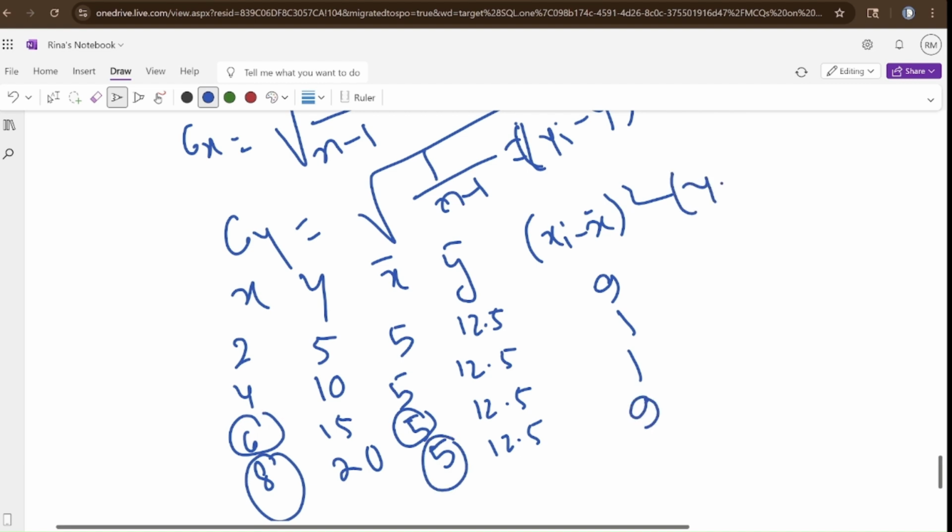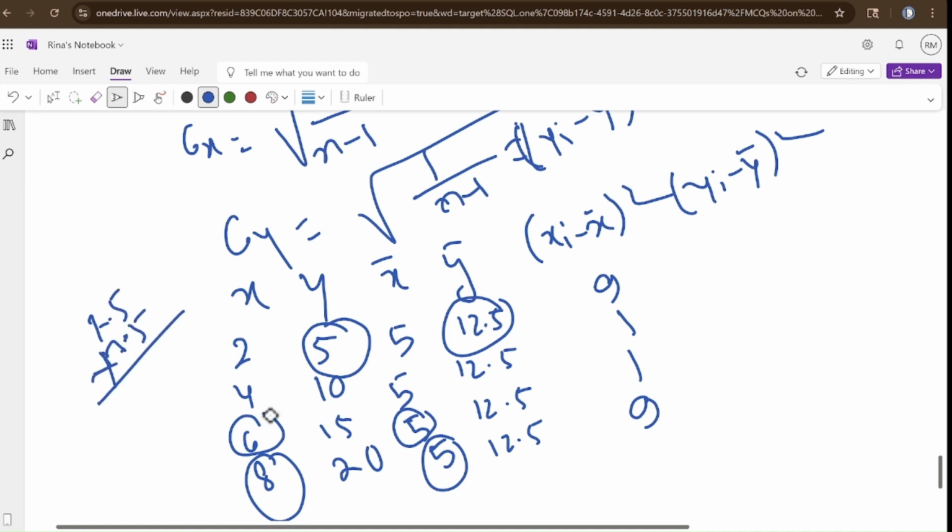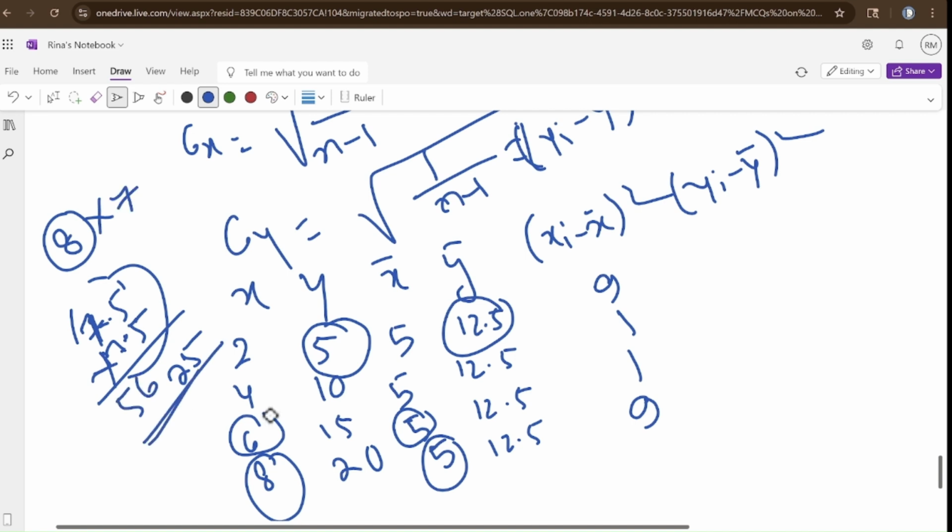Same way, (yi minus y bar) whole square. 5 minus 12.5 is minus 7.5. 7.5 into 7.5: you know how to multiply this kind of number, the same number, then 25 will always come at the end, and the 7 is increased by 1, that is 8. Now you can multiply 8 into 7, that is 56. So this is a trick by which we can calculate these types of multiplication. So it is 56.25.